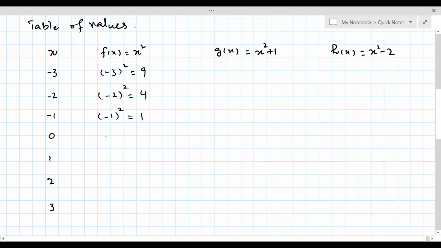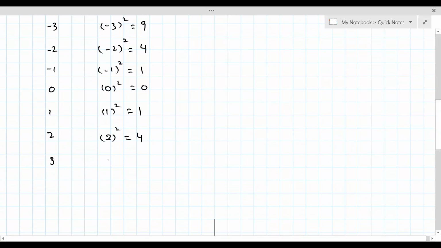This is 0 square equal to 0. This is 1 square equal to 1. This is 2 square equal to 4, and this is 3 square equal to 9 again.